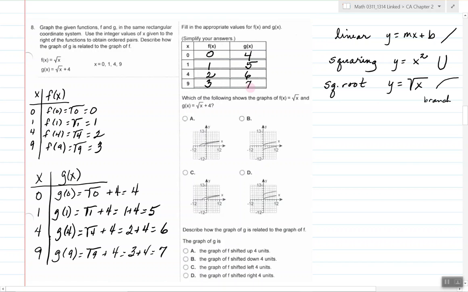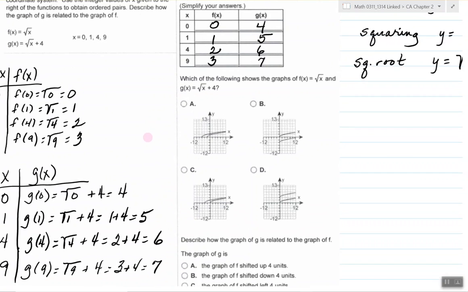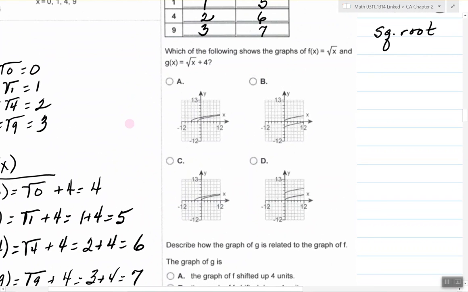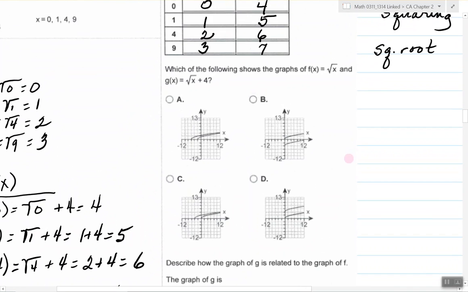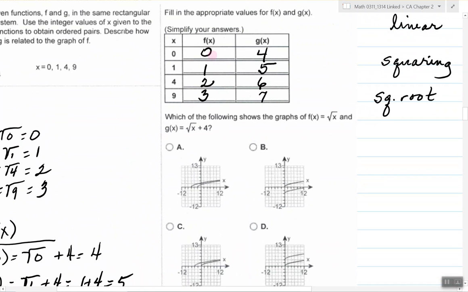All right, now it asks me to pick the graph that is correct. Now, rather than try to check for the plotting of those points, let's look here. What's the relationship between these y's? 0 to 4, 0 and 4, 1 and 5, 2 and 6, 3 and 7.